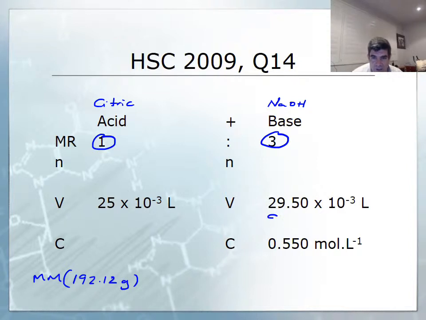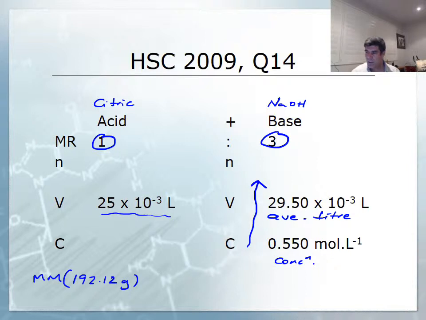This is our average titer. This is the concentration of the sodium hydroxide, and this was our aliquot from our pipette. So now we go up. We multiply 0.55 times 0.0295, and that gives us a value of 0.016.